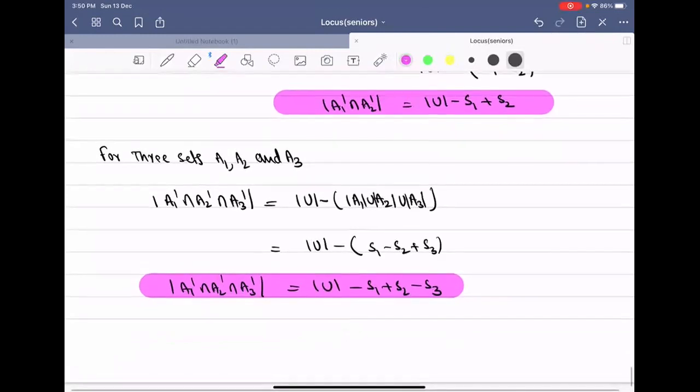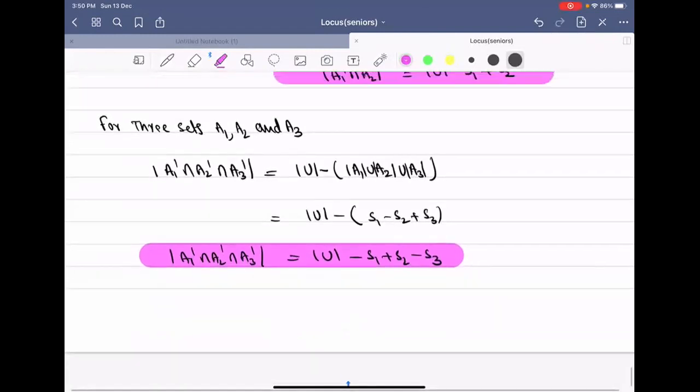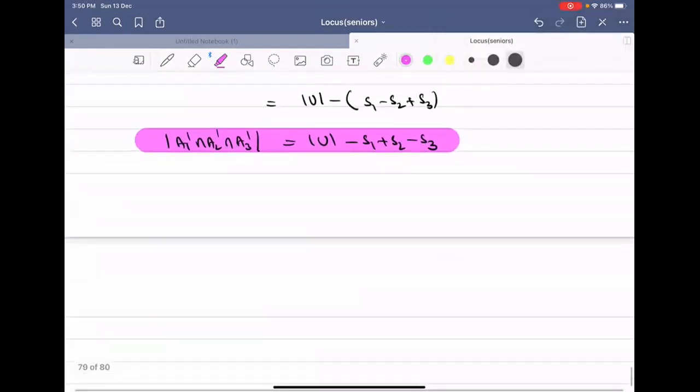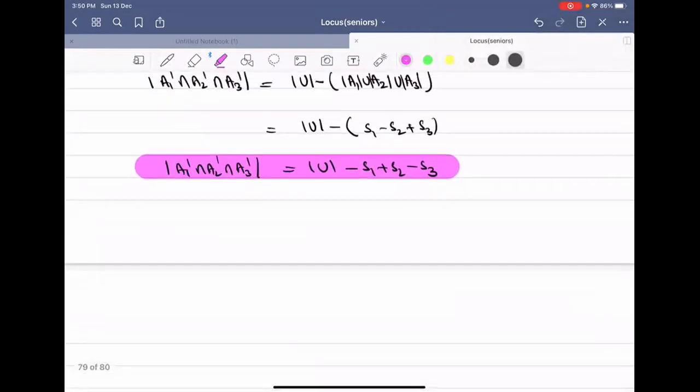Yes. Now we will generalize. For n sets we will write. Now for n sets, similarly, for n sets A1, A2, etc. up to AN, what you get?